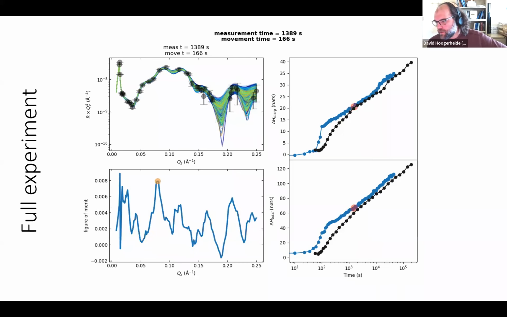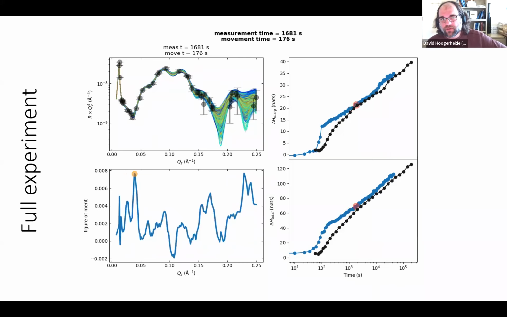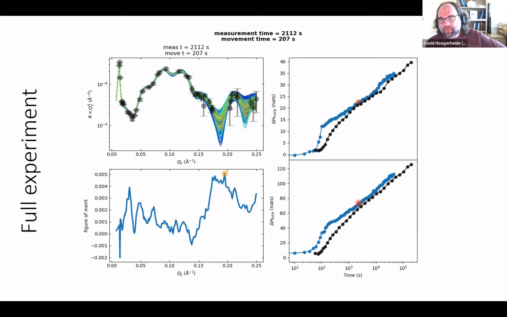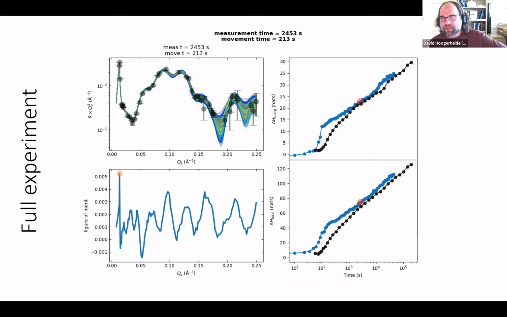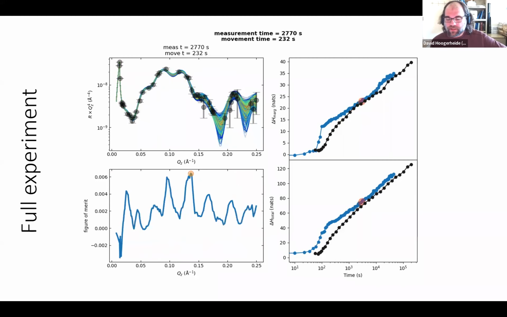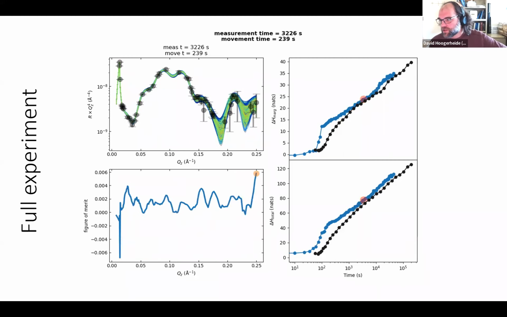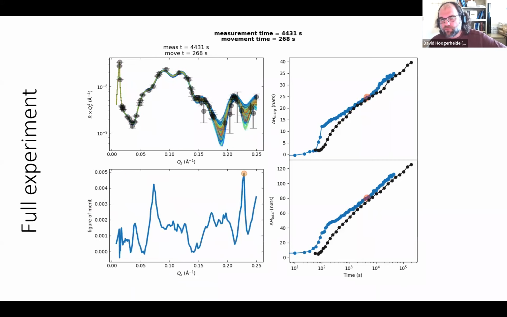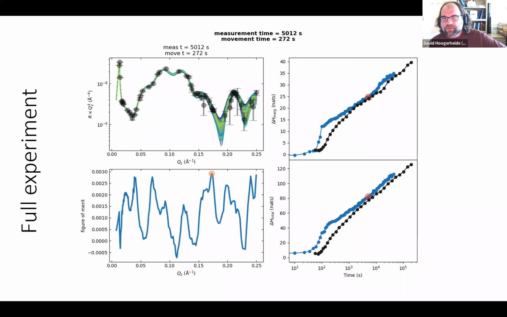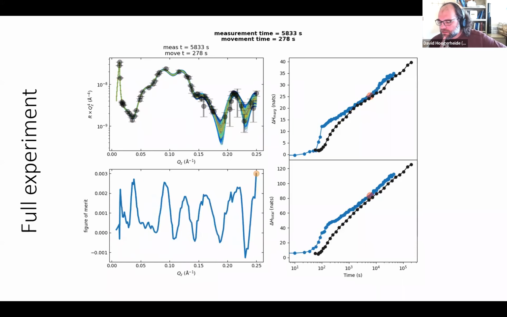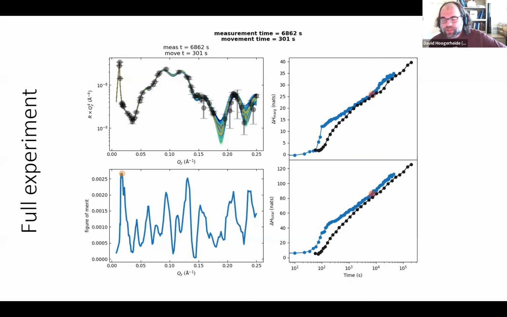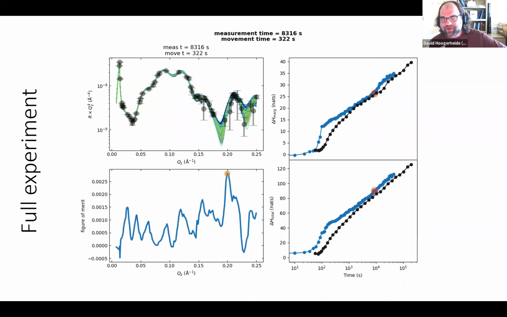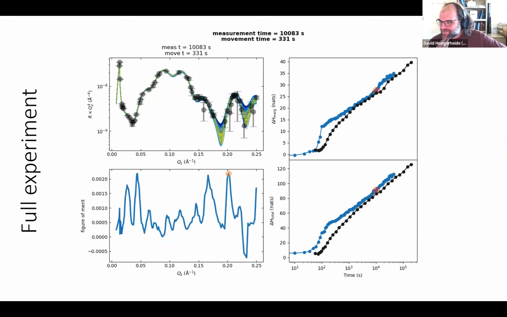But if it took you time to put an attenuator in, I assume this is done automatically, you could include that as a cost to measuring at that particular point. You could say, if I measure here, I'm going to have to put an attenuator in, and that's going to take 30 seconds. But in this particular case, we don't have to attenuate. We do attenuate when we take our direct beam scans, of course, but the reflectivities are so low that we don't need to.